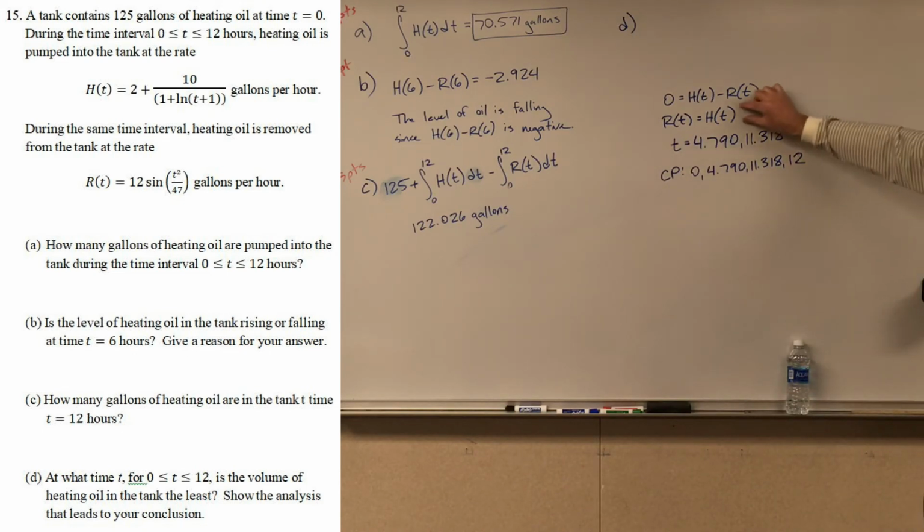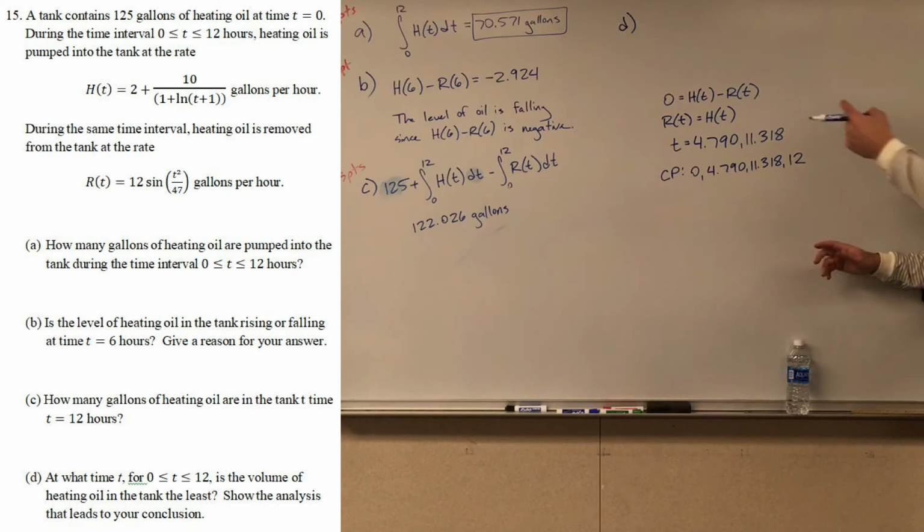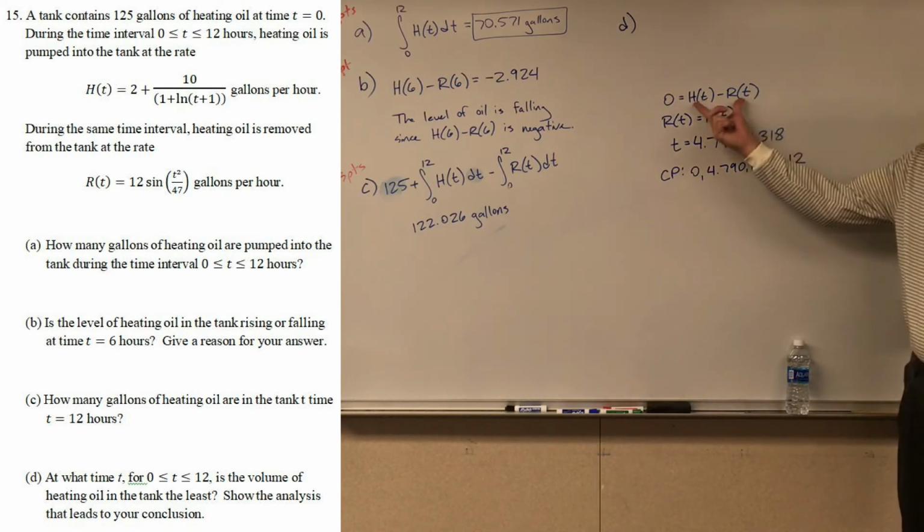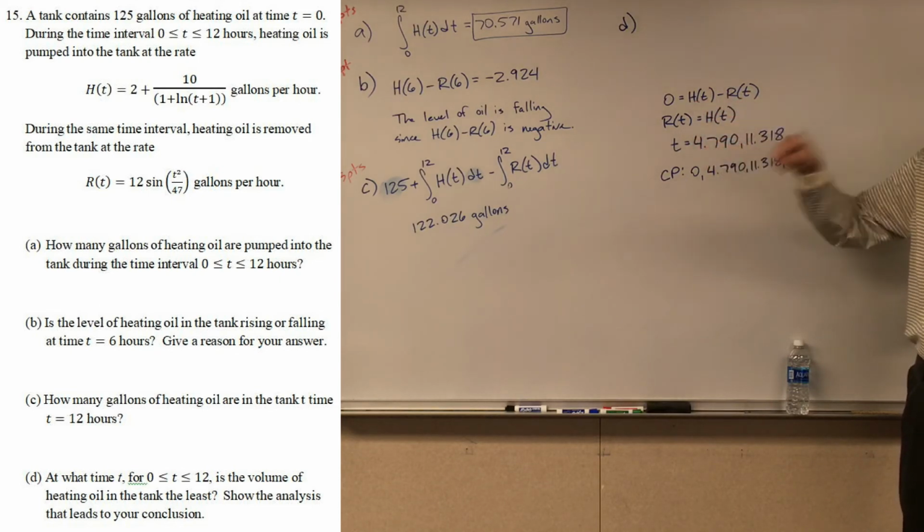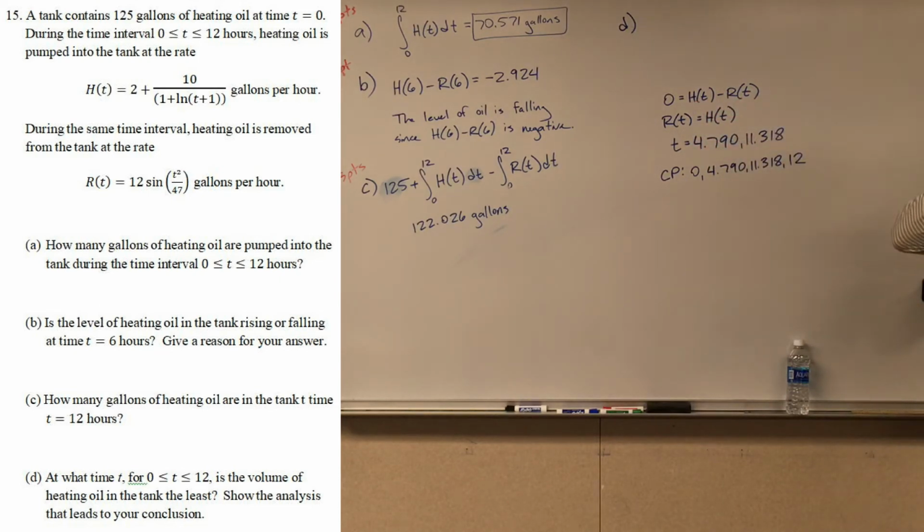Again, we're looking for the intersection of r of t and h of t. Now, how do I find out where the minimum is? If you're looking for when this changes from negative to positive, you're finding a what? What kind of minimum? A relative. I want absolutes. So even if you have the relative, that doesn't mean it's necessarily the absolute.